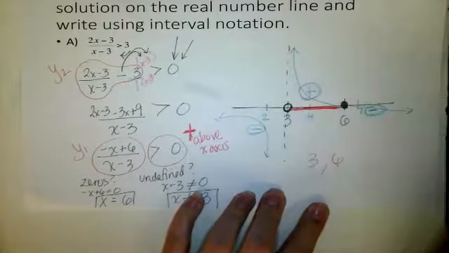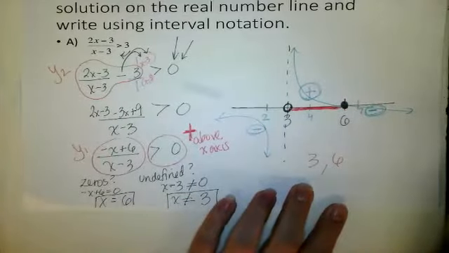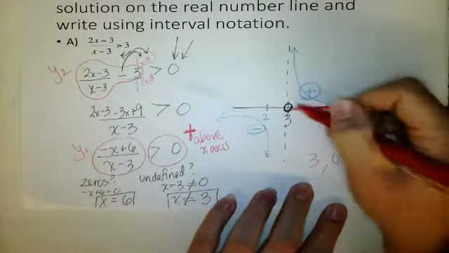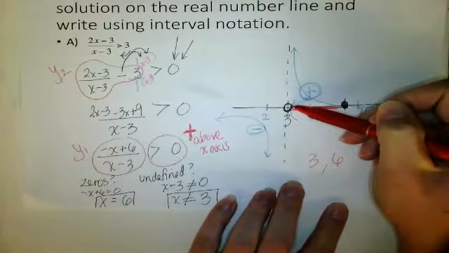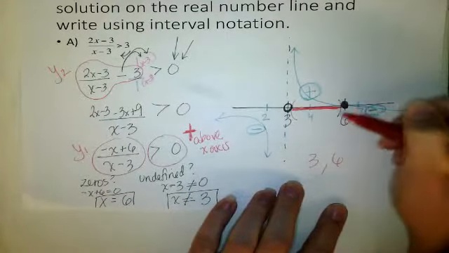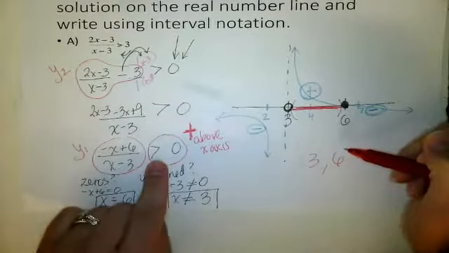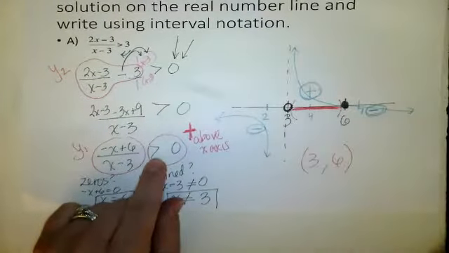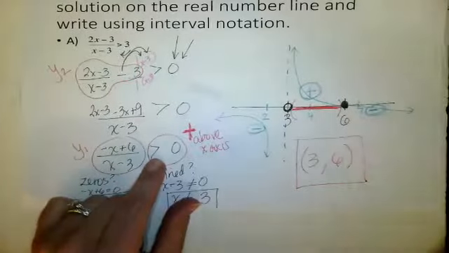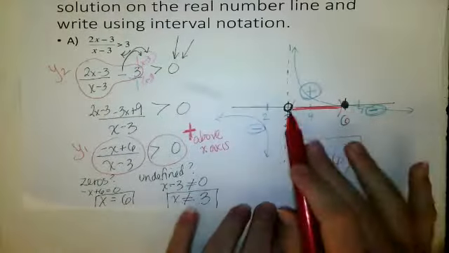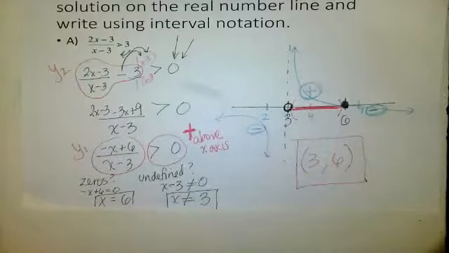So 3 to 6, brackets, parentheses, what? Parentheses. I can't have a bracket at the open 3 there. It's not included, not allowed, regardless. And we don't want to include 6 because we just want to be greater than 0, not equal to 0. This is our solution interval. All the x values between 3 and 6.